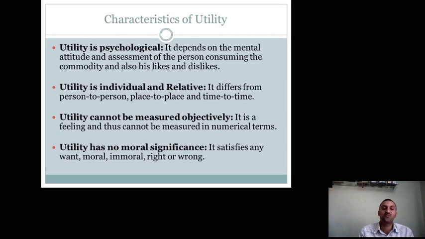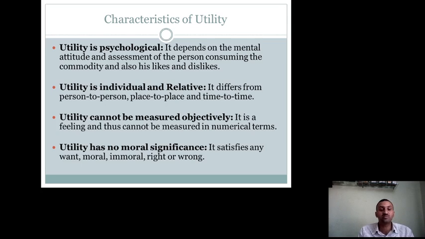The fourth characteristic of utility is that utility has no moral significance. It satisfies any want, moral, immoral, right or wrong. Utility doesn't consider moral significance, because the person who is drinking wine may also be considered to study utility.